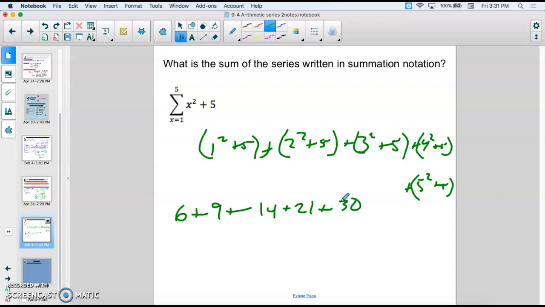And now I just have to punch in the numbers. 6 plus 9 plus 14 plus 21 plus 30. And just make sure, yep, we're good to go. My final answer is 80. So hopefully you get a linear one, but in this case it's not linear, so I just literally have to calculate out every single term and add them together. All right, that's 9.4.